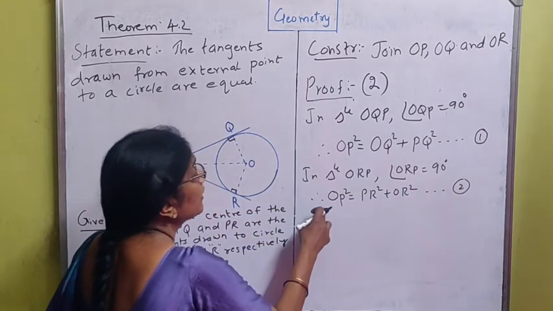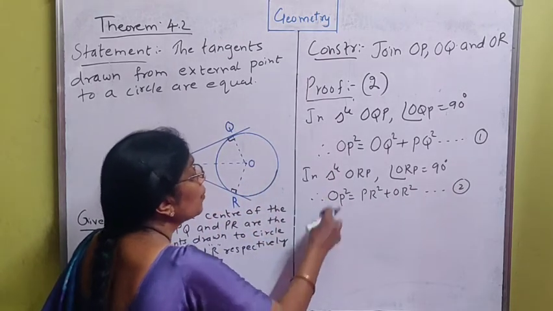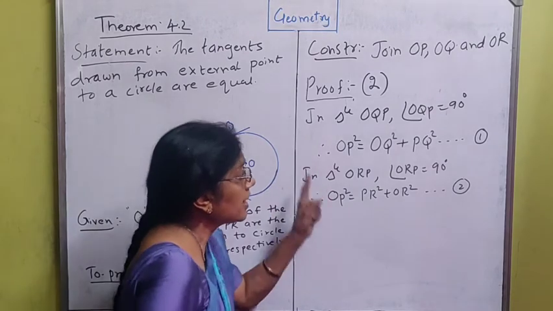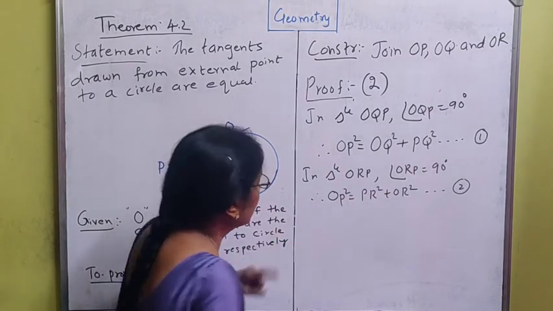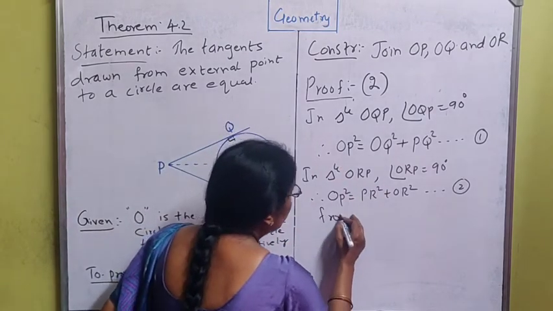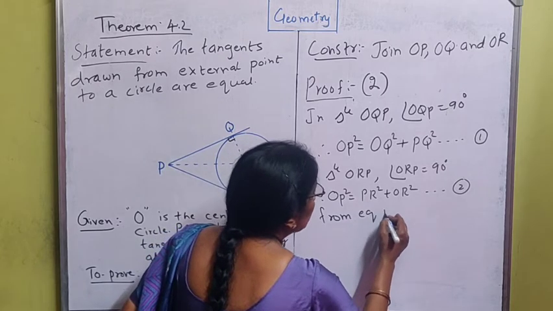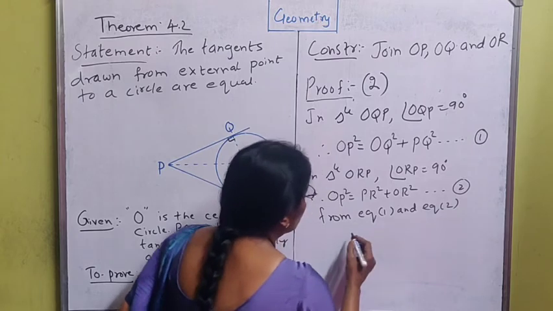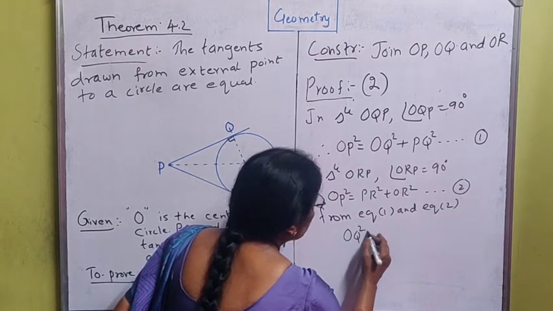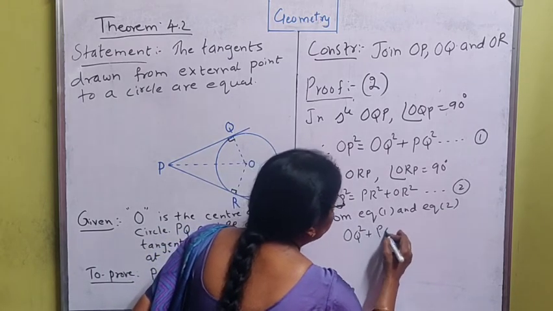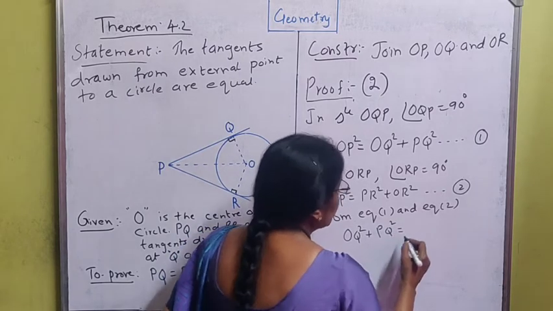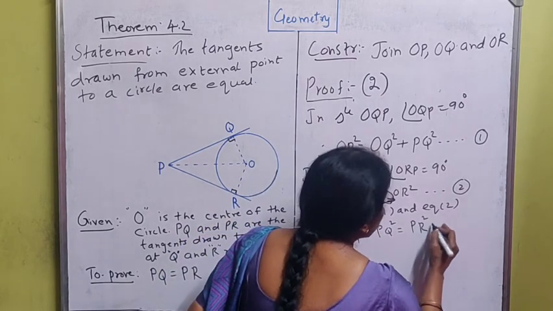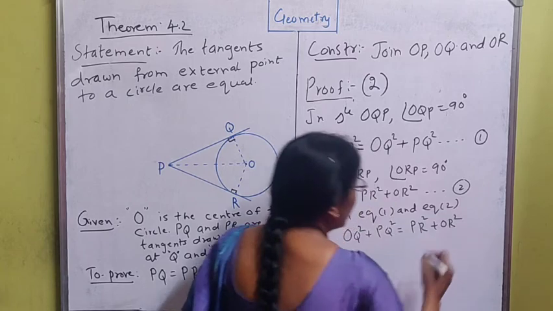See equation number 1 and equation number 2. So from 1 and 2, using axiom 1, things which are equal to the same thing are equal to one another. So what can we write down? From equation 1 and equation 2, OQ square plus PQ square is equal to PR square plus OR square.